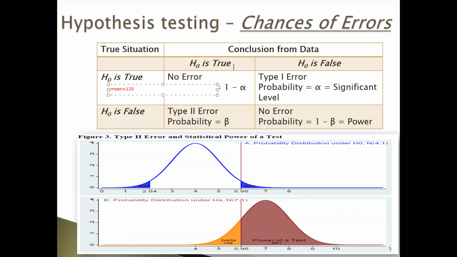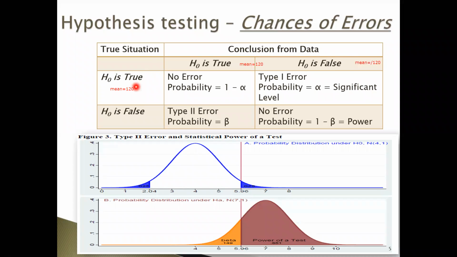And when we go to the sample, the situation can be that yes, we obtain the mean is equal to 120, and there is a chance that maybe we obtain mean not equal to 120. Like the sample data values do not prove the mean is equal to 120, although it was true.